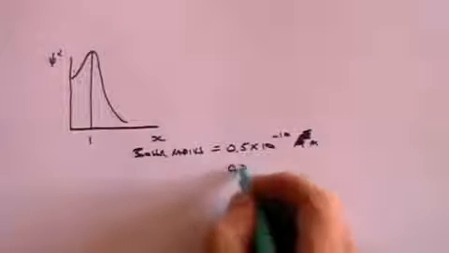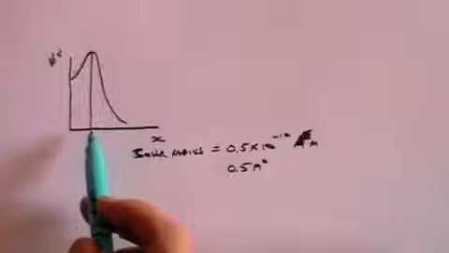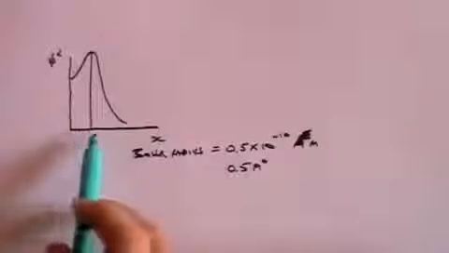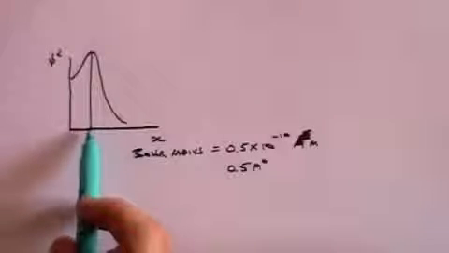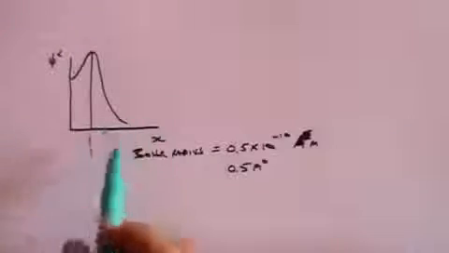It's 0.5 angstroms. So you're most likely to find the electron about half an angstrom from the nucleus. But it could be anywhere under this curve.